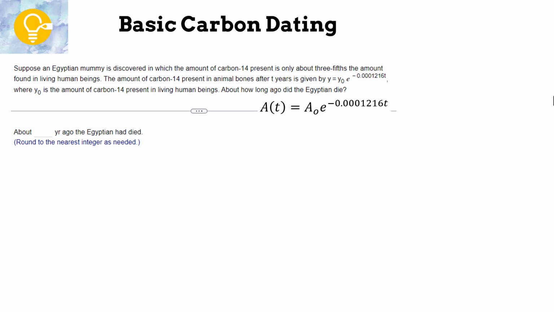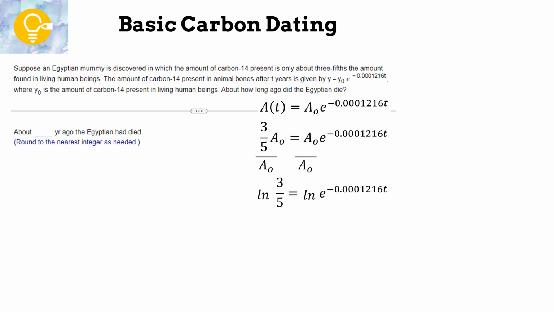For this one, the amount of carbon-14 present is only 3/5 the amount found in living human beings. So we're going to take 3/5 times the original amount, and that's the amount in a human being. And we don't even need to know that to solve. We're going to divide by A naught. That gives us 3/5 equals e to the negative 0.0001216t. We're going to take the natural log of both sides because the natural log and e cancel each other.